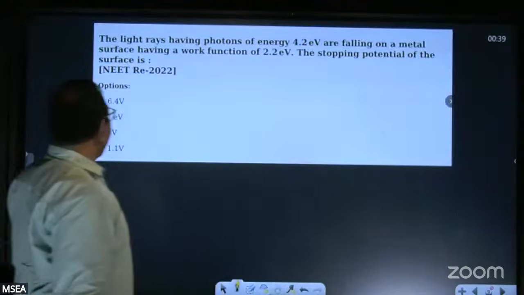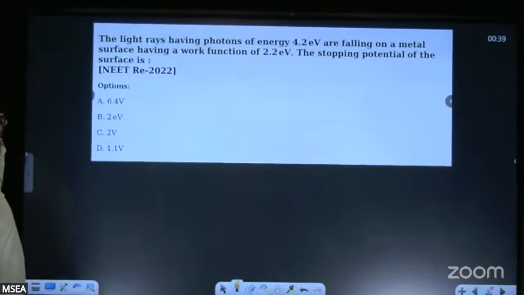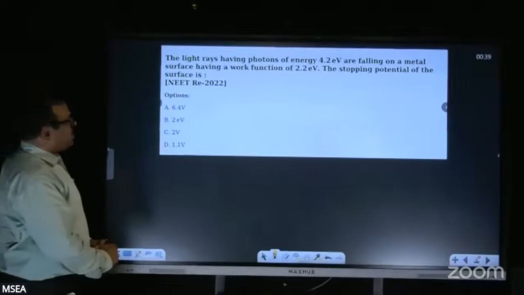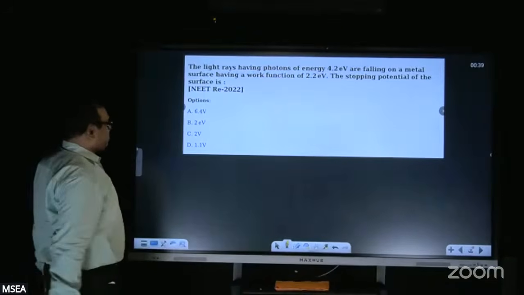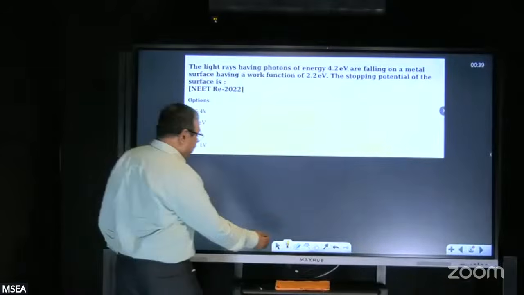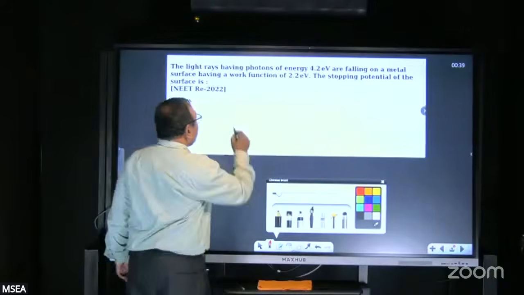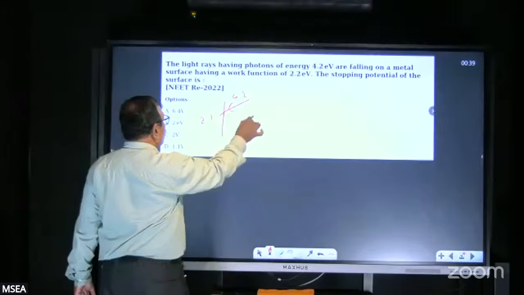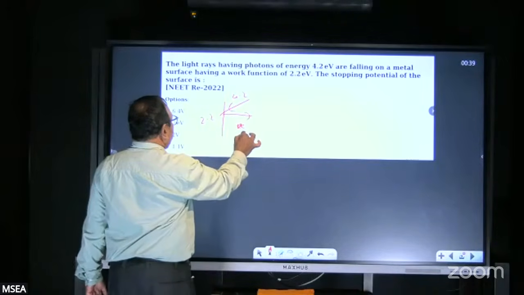And the next one: light rays having photons of energy falling on a metal surface, with a given work function. The stopping potential of the surface is very simple. Here the photon energy is 4.2 and the work function is 2.2.